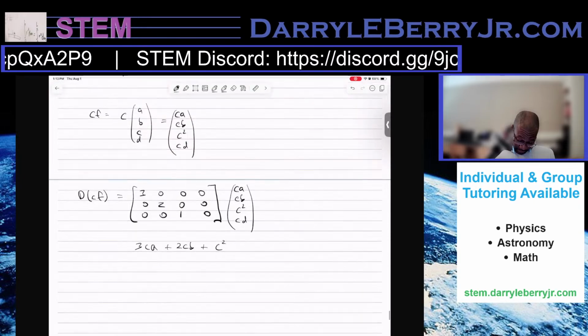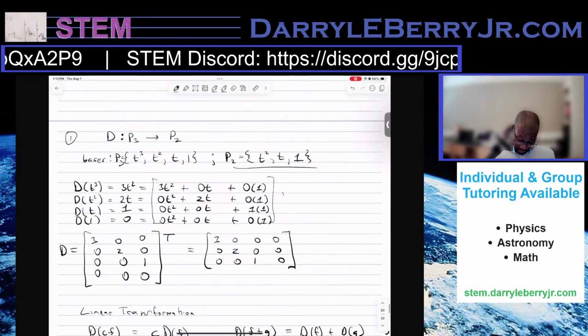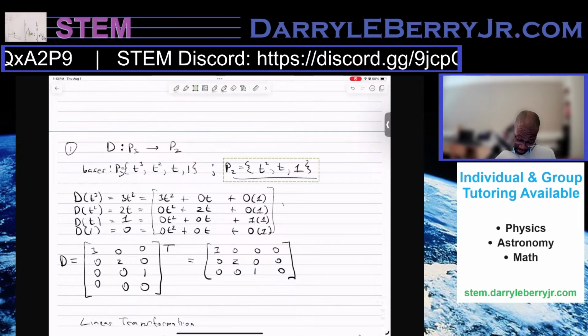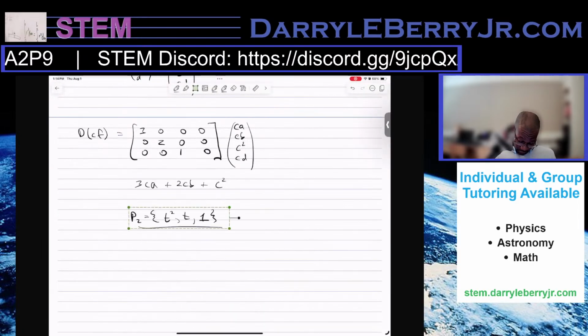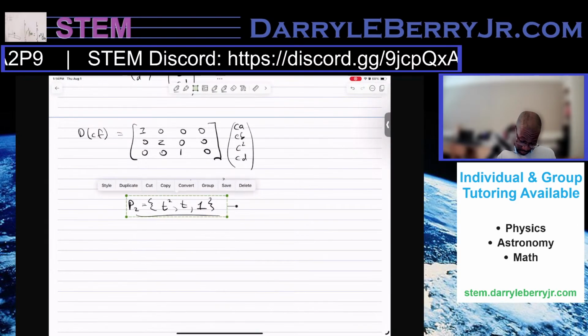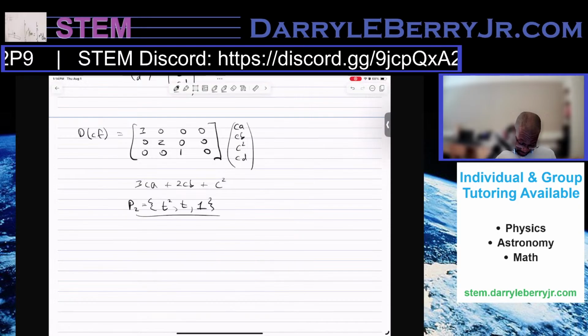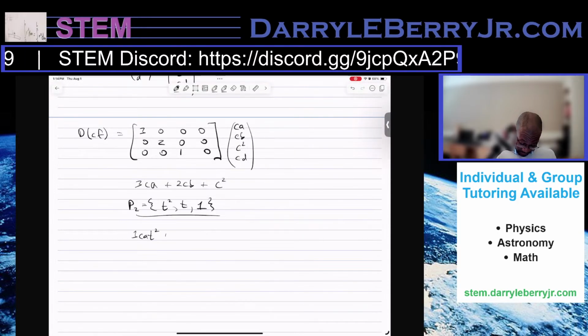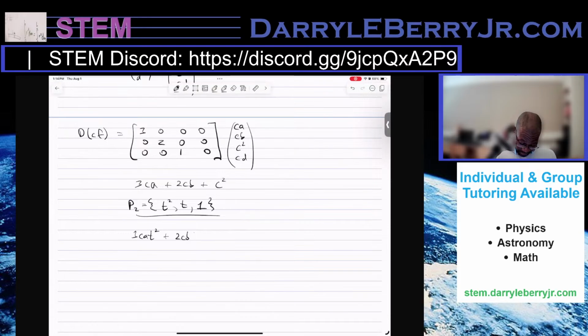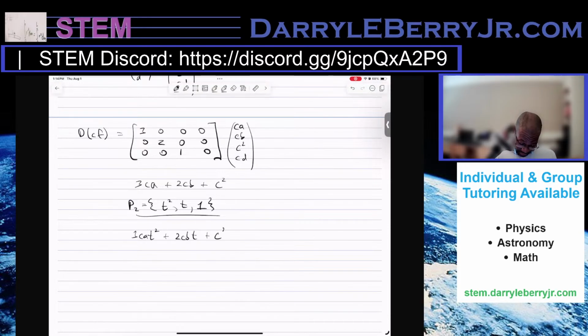So if I was to insert the P2 bases, what this means is that we have 3CAT squared plus 2CBT plus C squared.